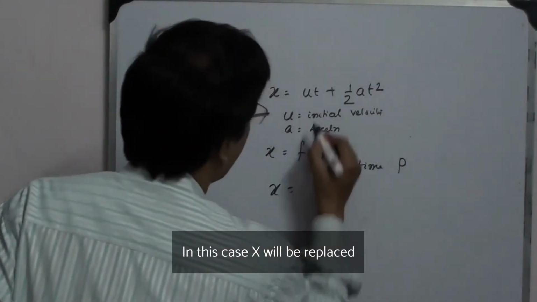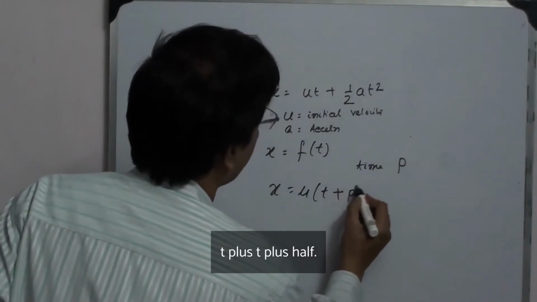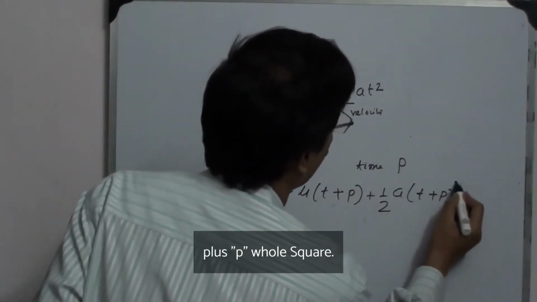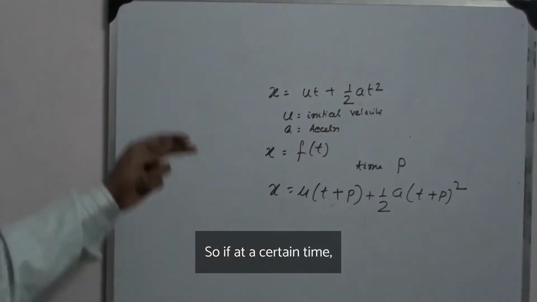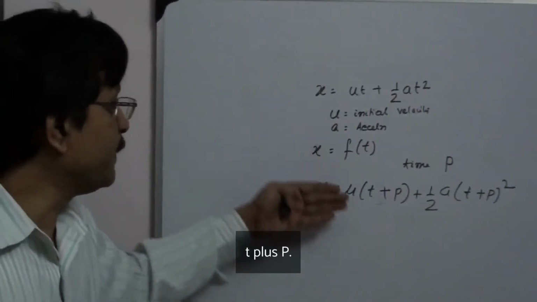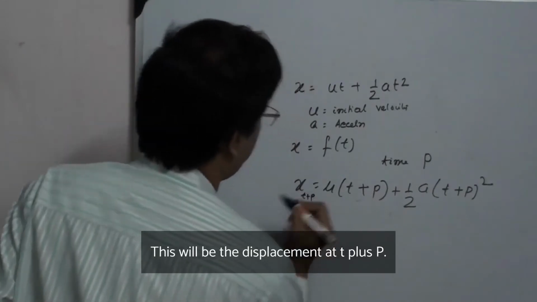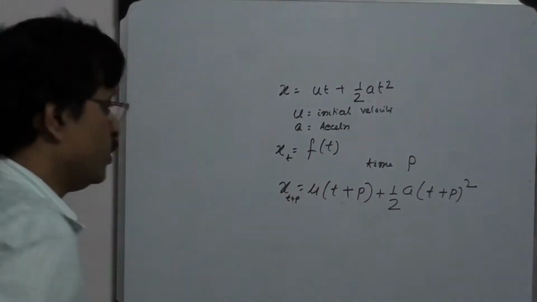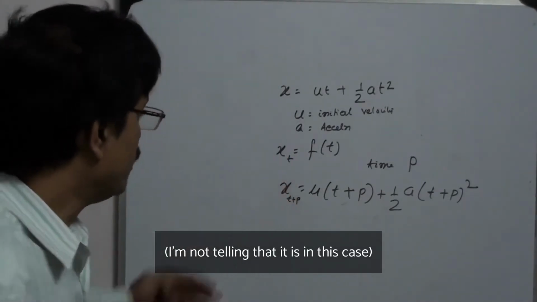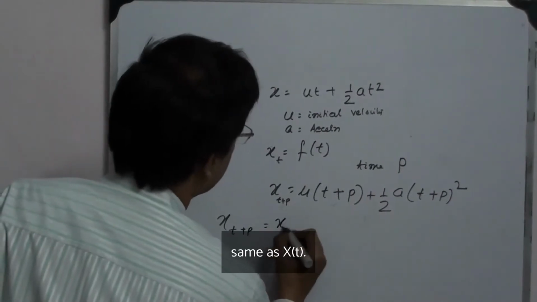Replace t with t plus p: u into t plus p plus half a into t plus p whole square. So if at a certain time t displacement is x, at a certain time t plus p this will be the displacement. Supposing x at t plus p becomes the same as x at t.